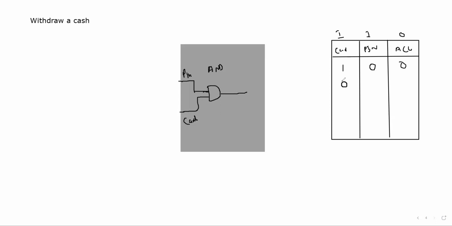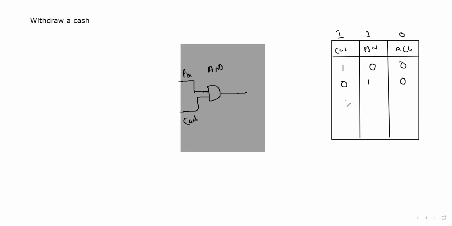So your card is wrong. If your card is wrong, even if you enter the right pin, you enter a card which is completely wrong and you try to enter a pin, will it work? It won't work. So you will not have access to your account.